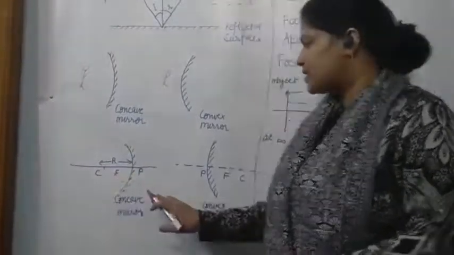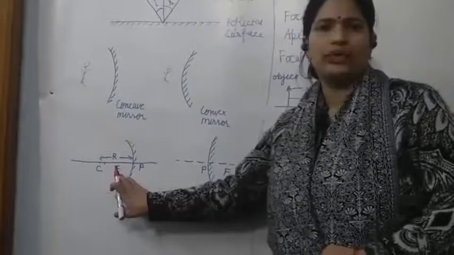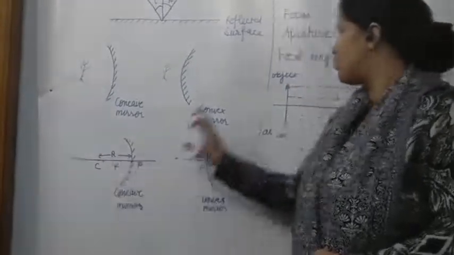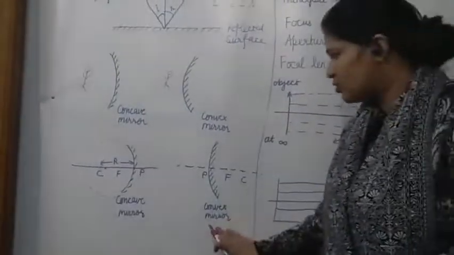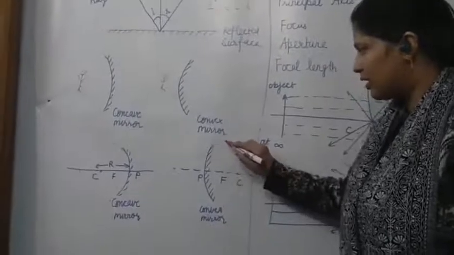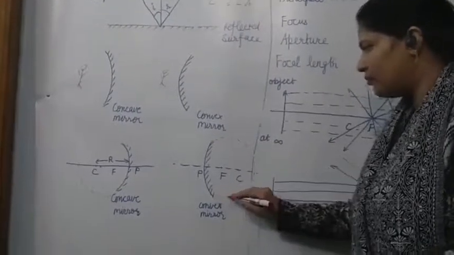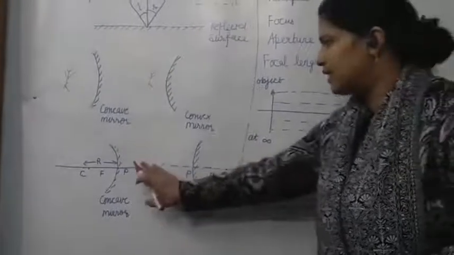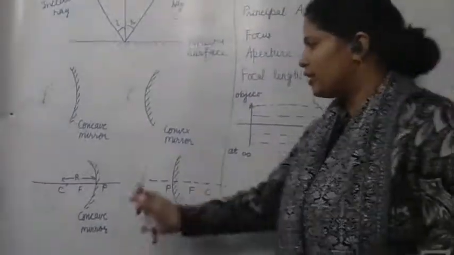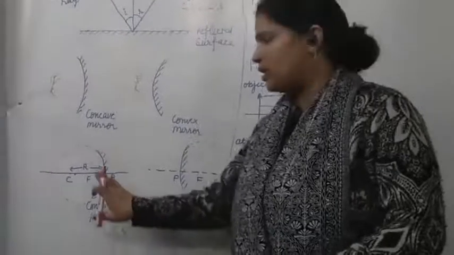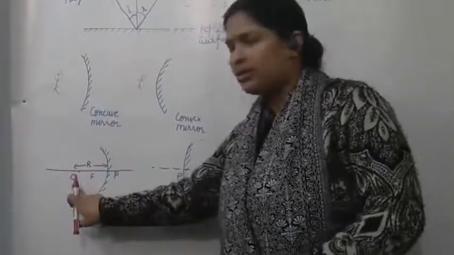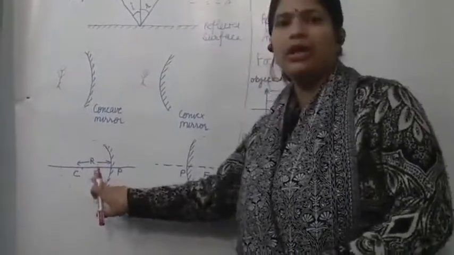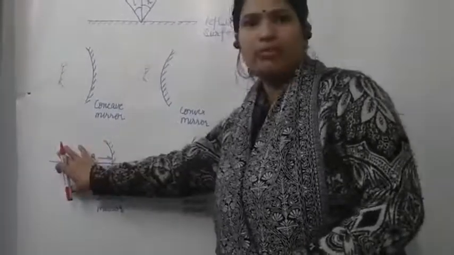Now, next point is focal point. In case of a convex mirror, if again we complete it, it will make a sphere of radius R. So we see the difference here: in case of a concave mirror, the center of curvature and the focus point lie in front of the mirror only.